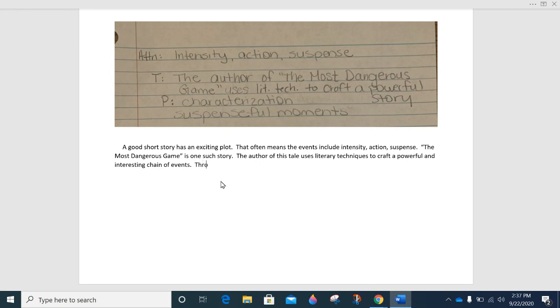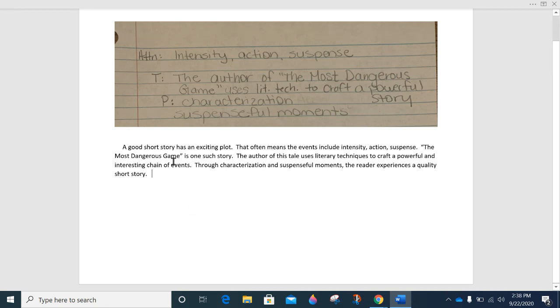So I am going to say through characterization and suspenseful moments, let's see, the reader experiences a quality. Sorry for my typing. Like I said, it's hard for me to think and talk and type at the same time. So we've got through characterization and suspenseful moments, the reader experiences a quality short story.